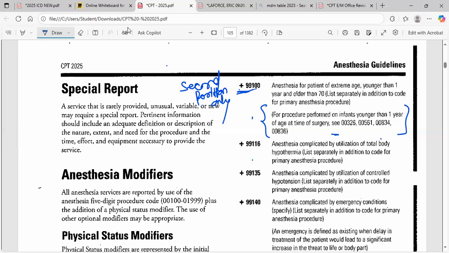You can see here, we have to use 99100 in conjunction with all the anesthesia codes. However, we cannot use these codes with these series. These qualifying circumstances are the unusual circumstances which can happen during the procedures.